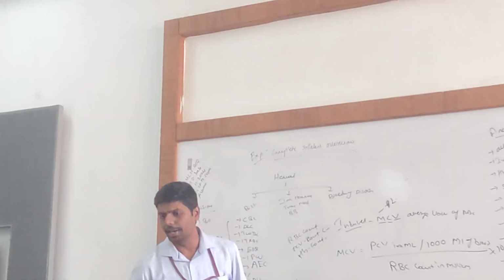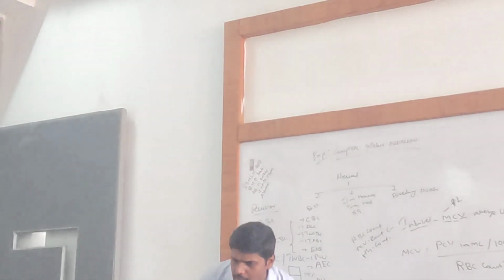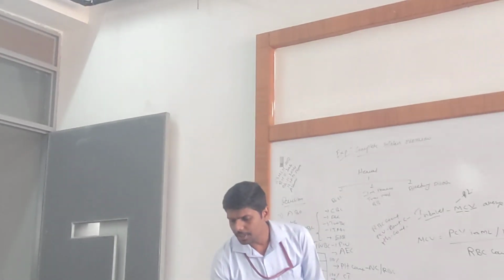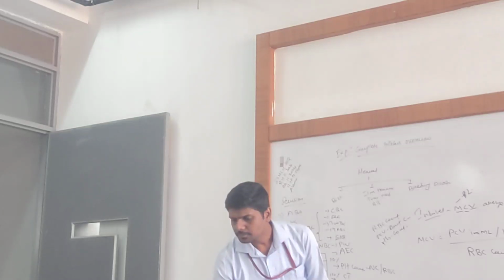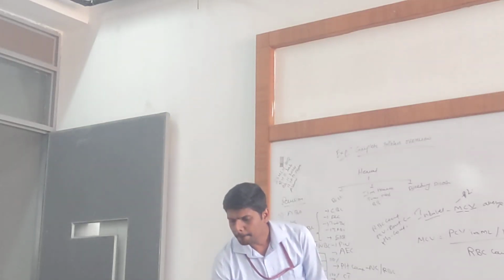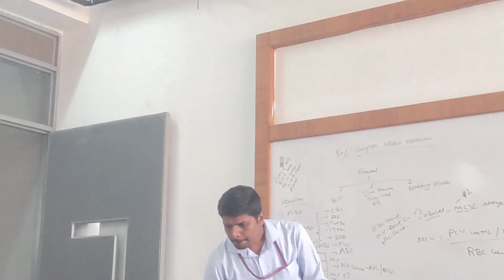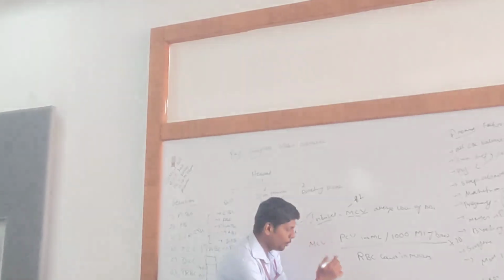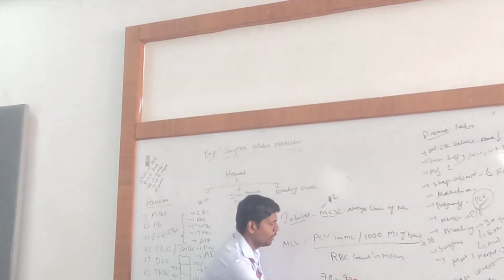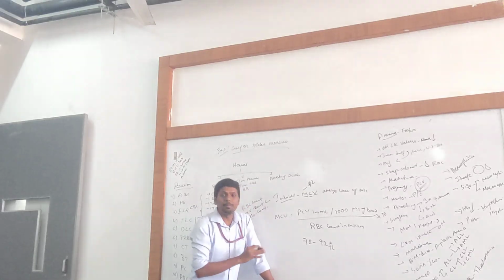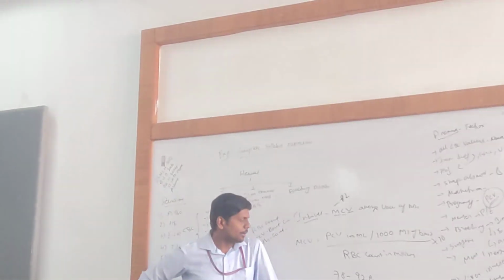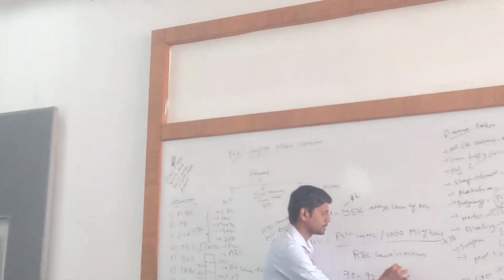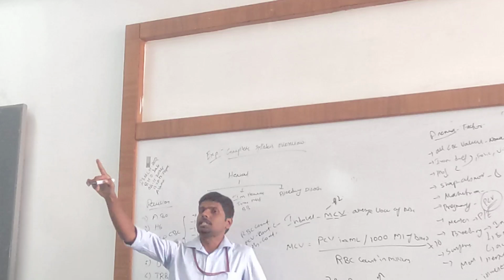The normal range of MCV, let me check here, is 78 to 92 femtoliters. If MCV is more, that will be macrocytic anemia.